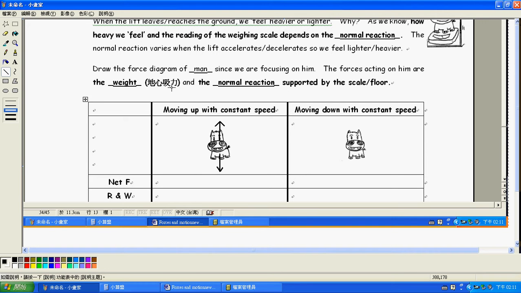So I think they're the same. So this is the normal reaction. This is the weight.